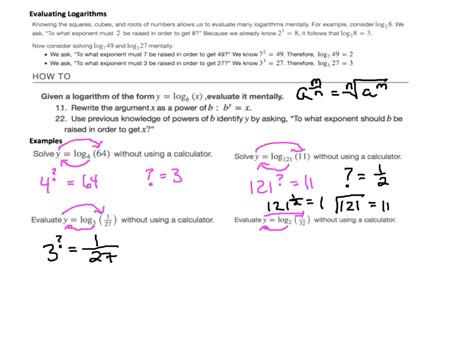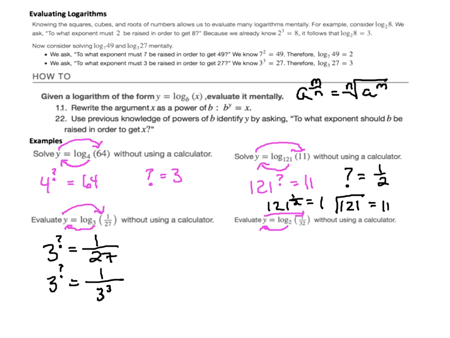Here's another important concept. Whenever you're taking the logarithm of a fraction, you want to try to rewrite that in exponential form with a negative exponent. So this is the same thing as 3 raised to the something is equal to 1 over 3 cubed.